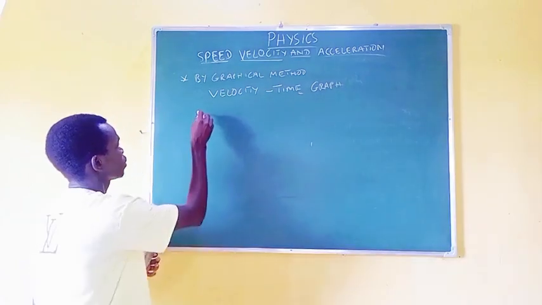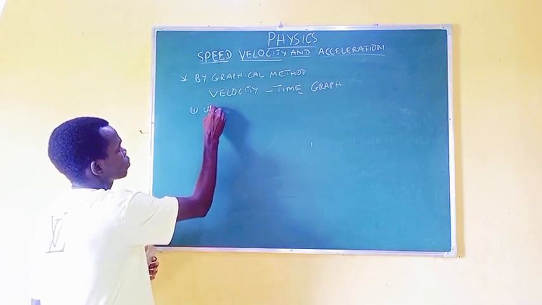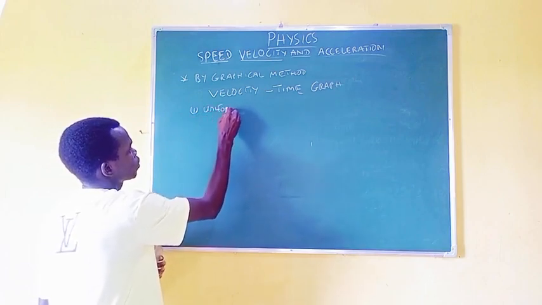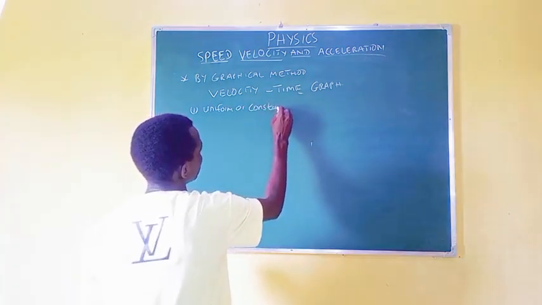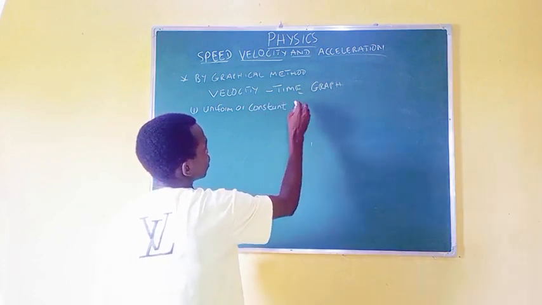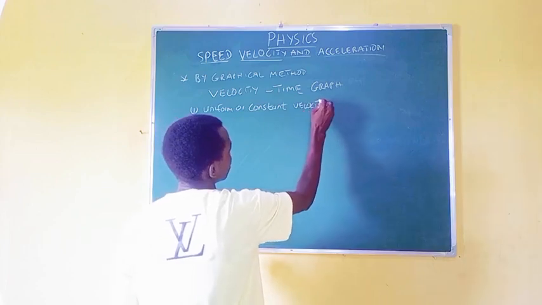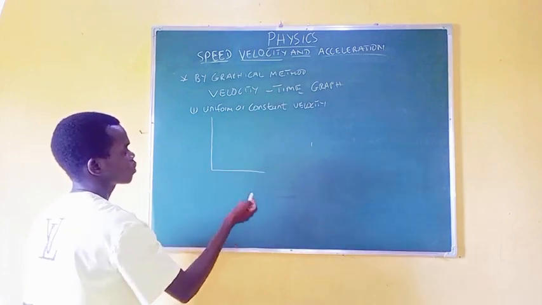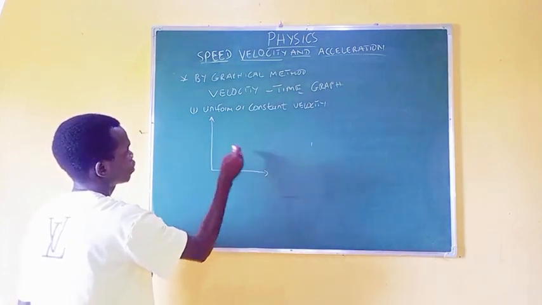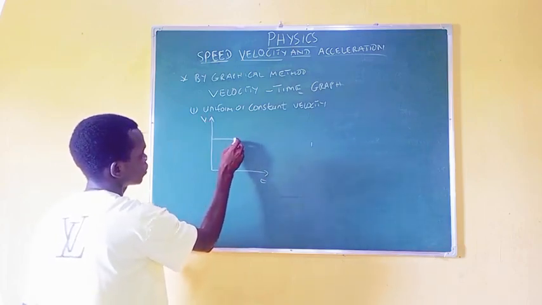Let's see the first movement, which is uniform or constant velocity. It is represented on a velocity time graph as a horizontal line.